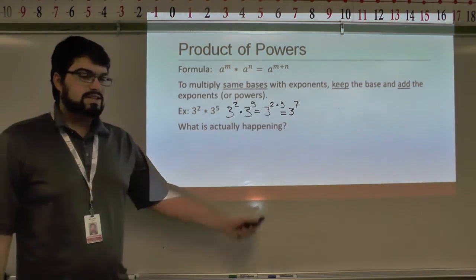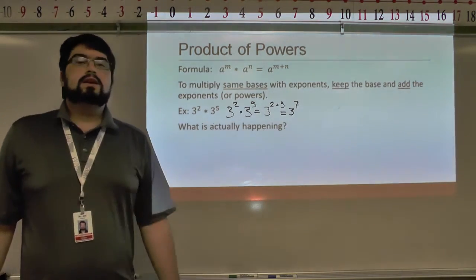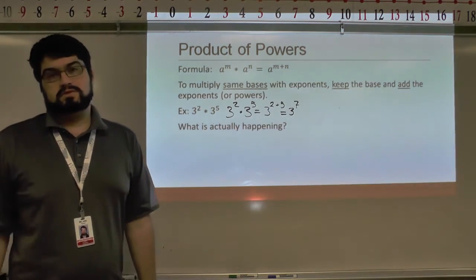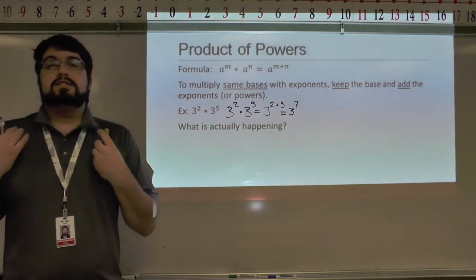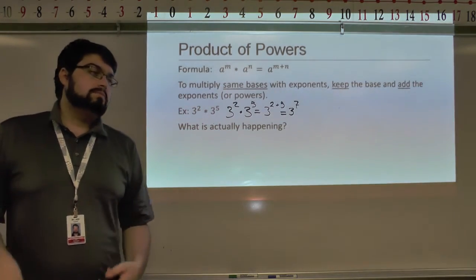But as the question says, what is actually happening? Sure, you can just use the formula, but when I don't know what's going on, I just can't take a formula for granted. I just can't take it as known facts. So let's go over what it actually means.